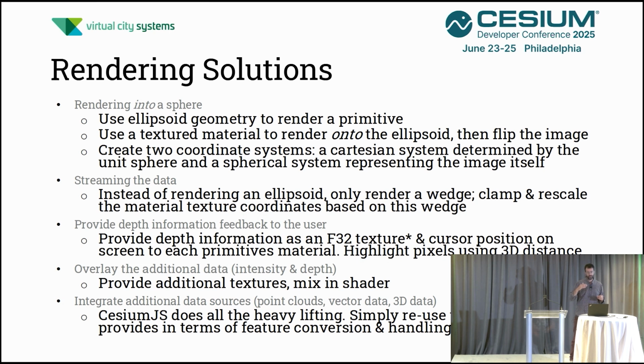So the material that renders the wedge has the information on the depth at that position, and we can attach the cursor's window position to that information as well. So we can render a cursor. I'm going to show you in a bit. It makes more sense then. To show the user how the 3D scene actually works into the image. And since we're using Cesium.js, we can just integrate other data sources into the same scene, render the sphere, and just place the 3D information within.